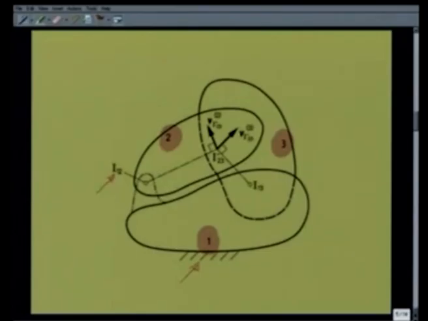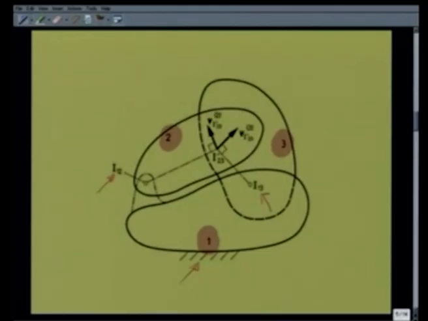Similarly, I13 is the relative instantaneous center between bodies 1 and 3. That means, at this instant body 2 is under pure rotation about the point I12 with respect to body 1. Similarly, body 3 is under pure rotation about the point I13 with respect to body 1.